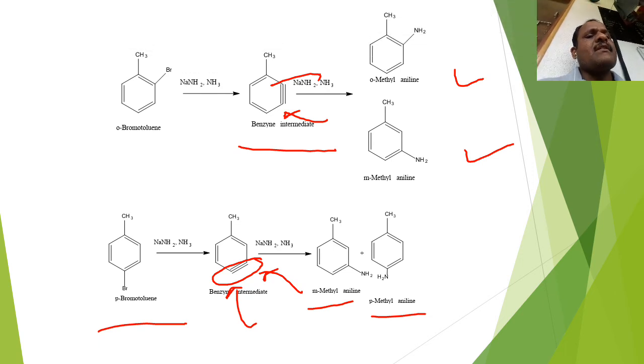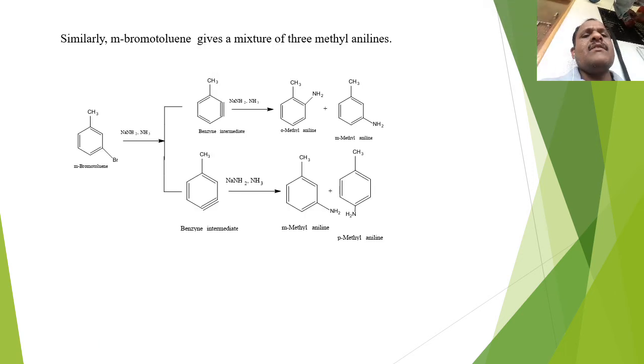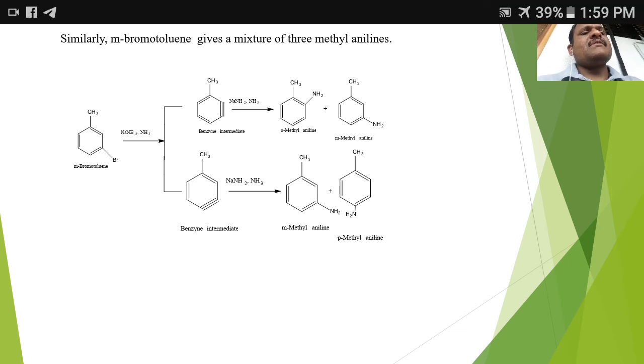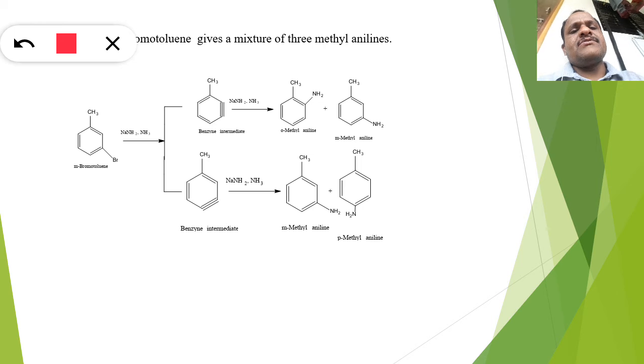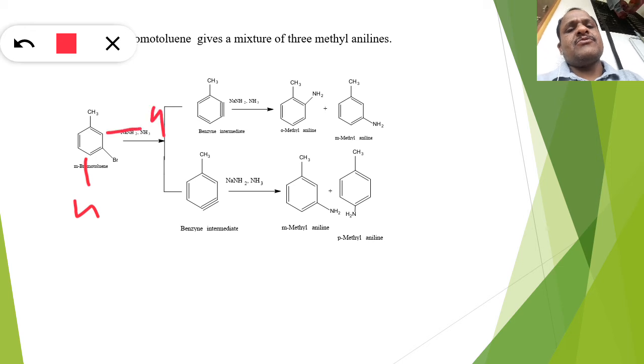Okay. Then we have meta-bromotoluene. When it reacts with sodamide, again you will get two different possibilities of benzyne intermediate, because when a Br is attached at the meta position, the loss of hydrogen can take place from these two ortho positions.